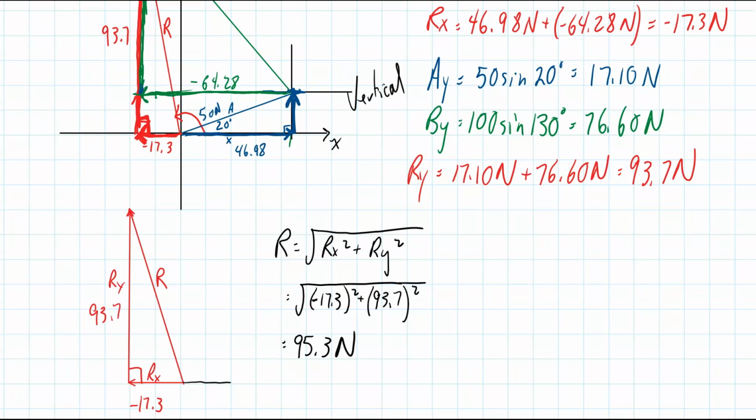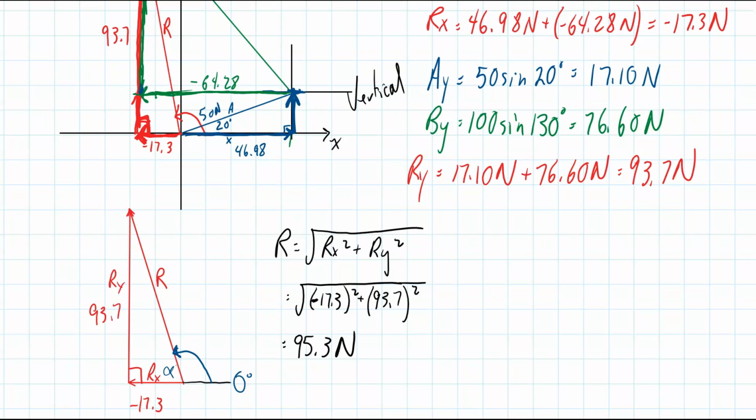Be careful when you square a negative, it turns positive anyway, so you don't need to even put that in the calculator. Now the angle that we are looking for is in here. That tells us where to go from 0 degrees. However, when we first solve this, we will probably get the reference angle, which is alpha in there.